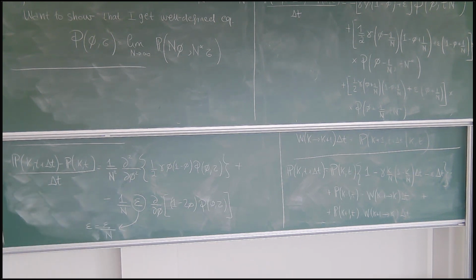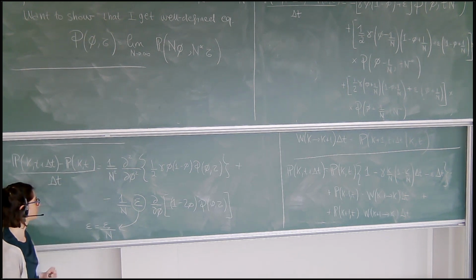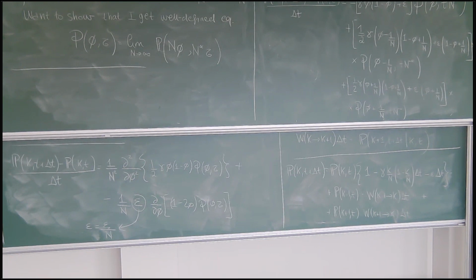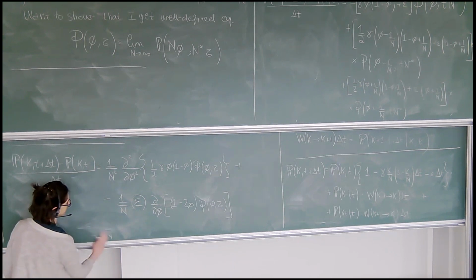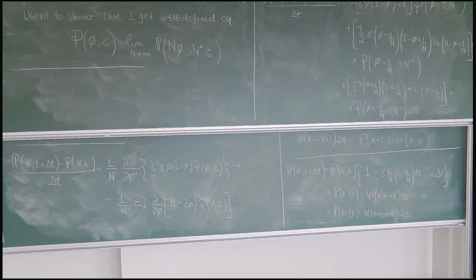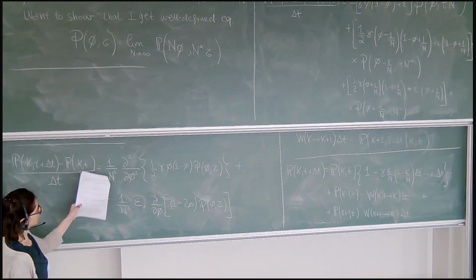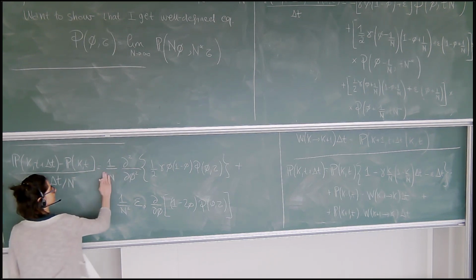But anyway, in here you see it directly from the calculation that in order for these two terms to match, you assume that epsilon when n goes to infinity scales as 1 over capital N. And if I do this, then I can replace here. So let me erase this. I put an epsilon and I put an n squared. And I have a global factor of 1 over n squared on the right-hand side that I simply bring on the left-hand side. So I will have a dt divided by n squared in here.